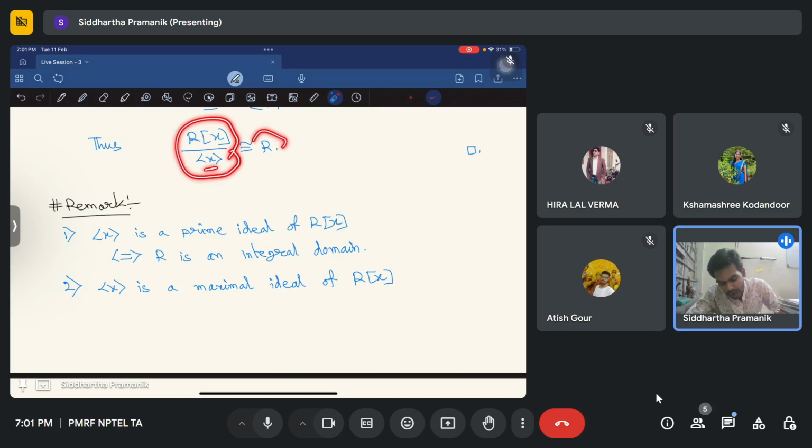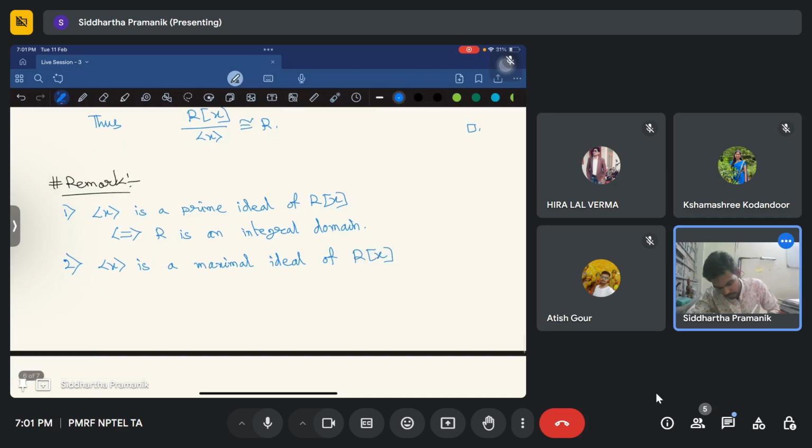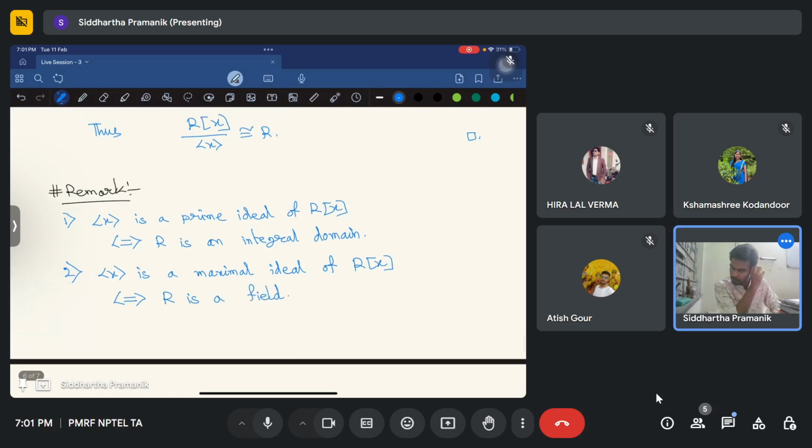That means R is a field, and the converse is also true. So the ideal generated by x is a maximal ideal of R[x] if and only if R is a field. So I hope it is okay.